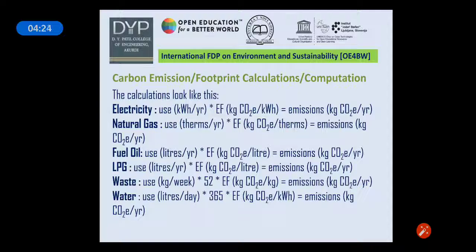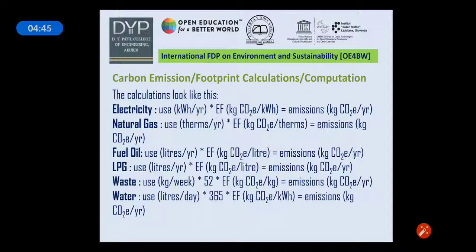Here we can see, for different parts of household requirements, how much carbon is emitted, like electricity, natural gas, fuel oil, LPG, waste and water. These we require in our day-to-day life.